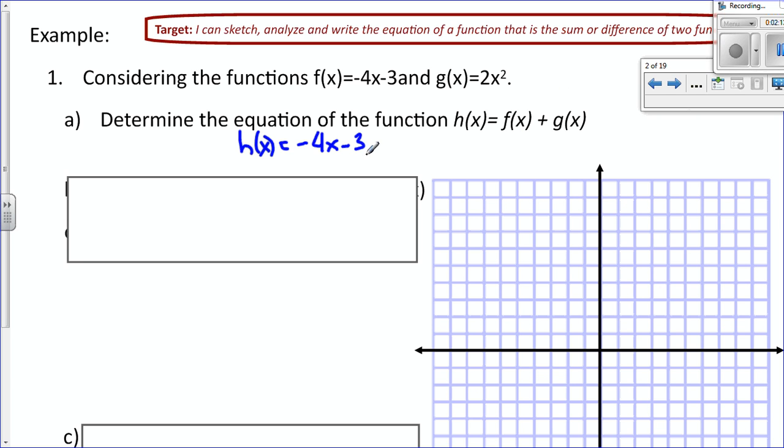And then I'm going to have a plus, my g of x is 2x squared. So let's just write that in a little bit of a nicer math function. Sorry, I ran out of room here. H of x equals, we're just going to go in descending order, 2x squared minus 4x minus 3. And so that's your sum.